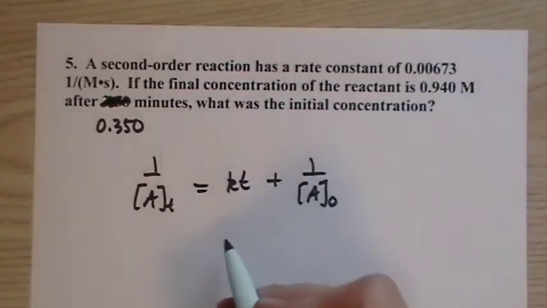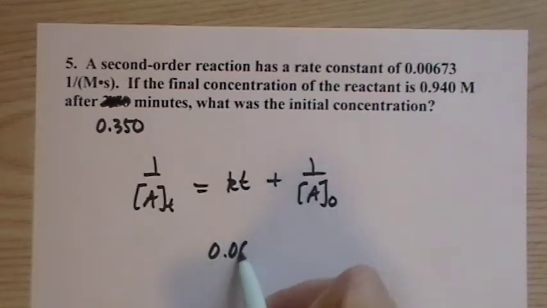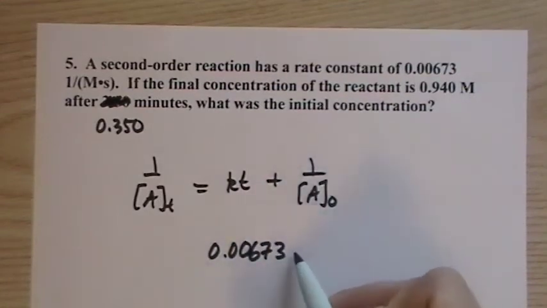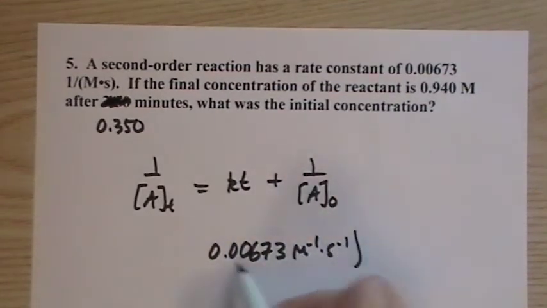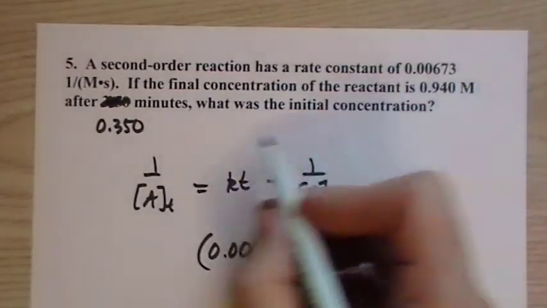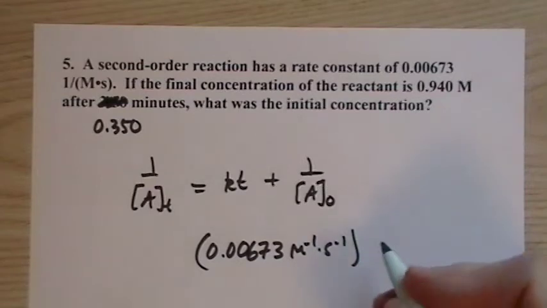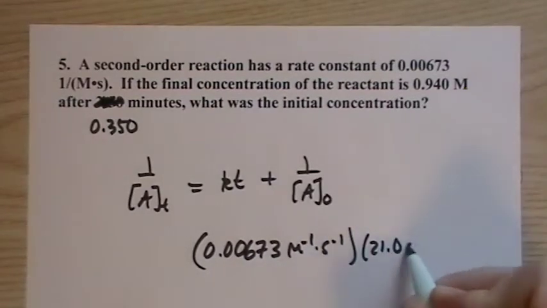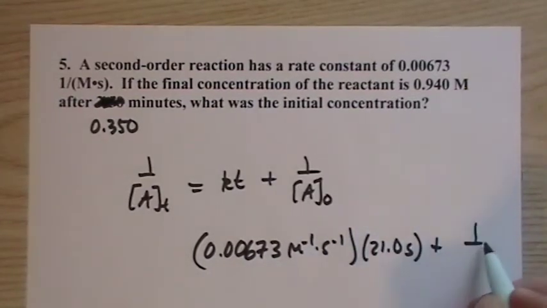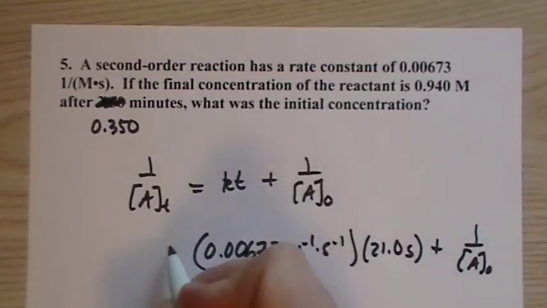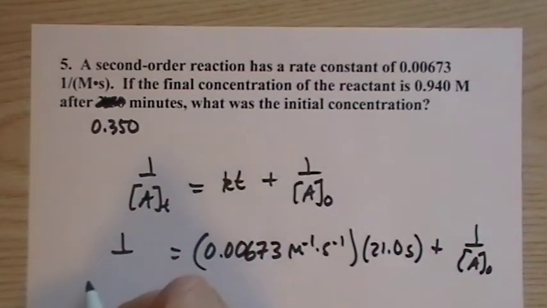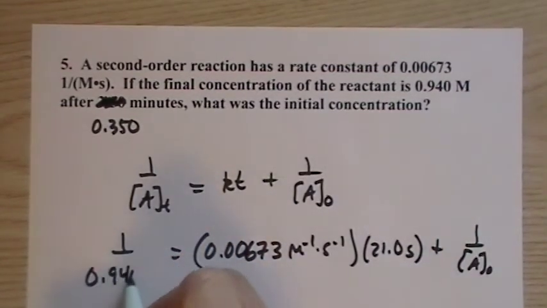Okay, so we have K. They give us that. 0.35 minutes is 21 seconds. The initial concentration we don't know. The final concentration, they tell us, is 0.940 molar.